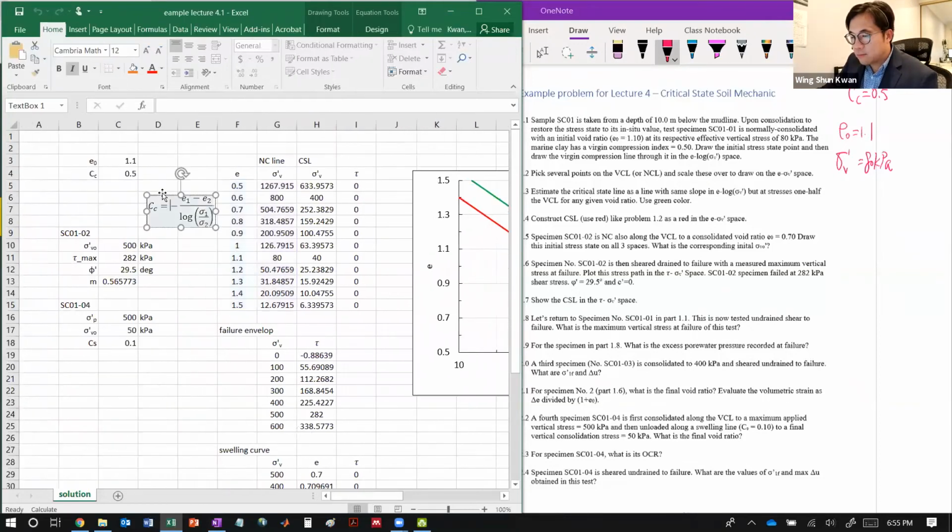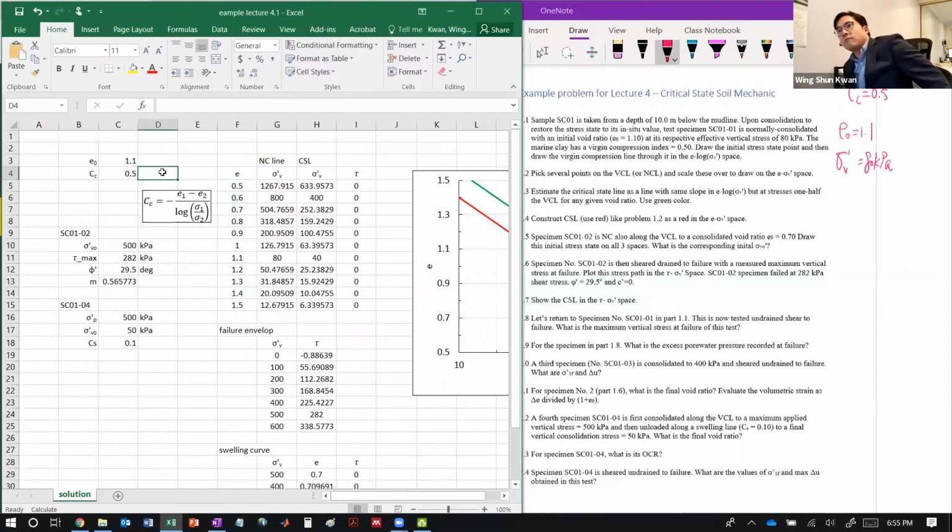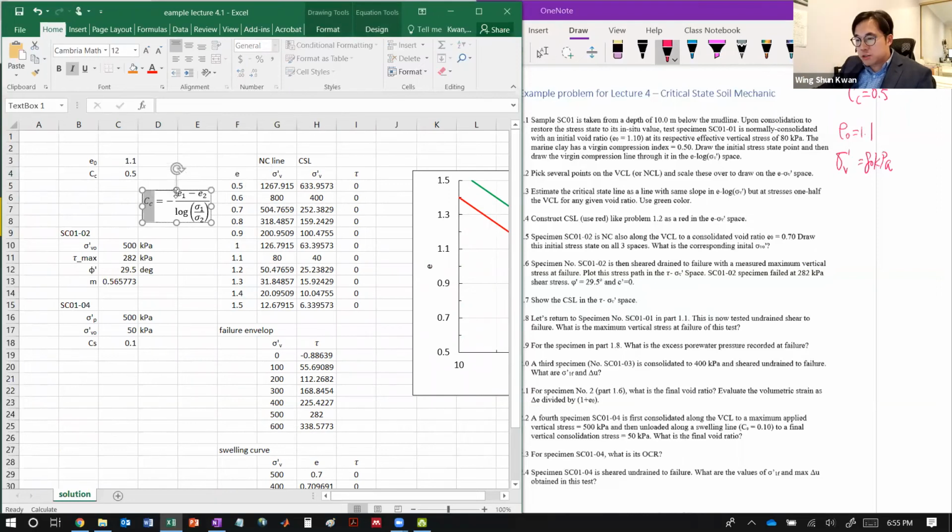And again, we take advantage of the equations. If you go back to your 366 soil mechanics class, we learned how to calculate the compression index, Cc, which is delta e, the change of the void ratio, over delta log sigma.